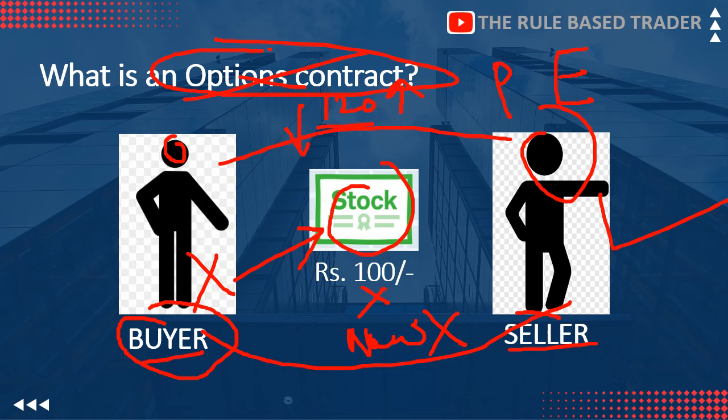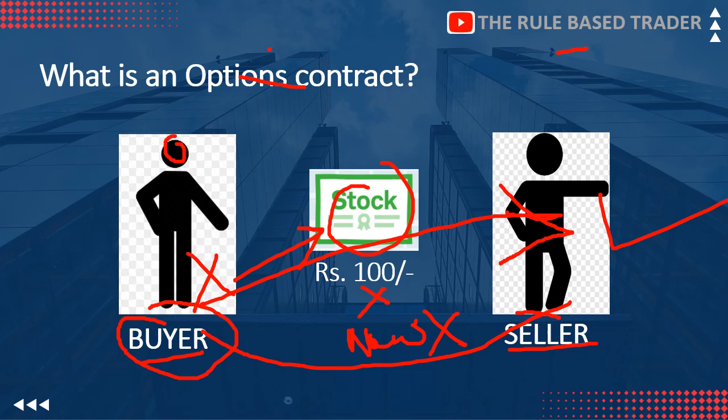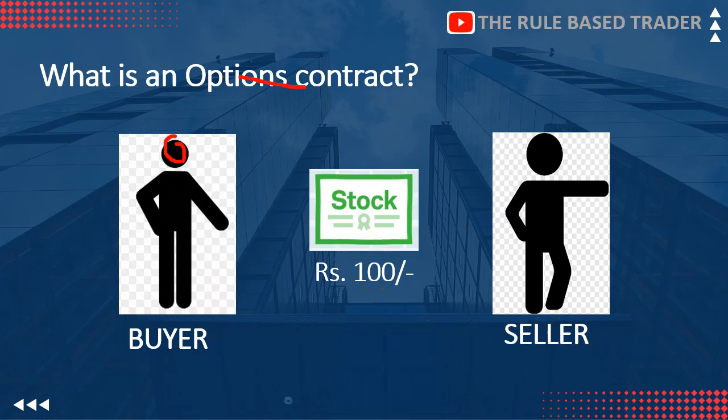For this options contract, the buyer pays, suppose say, 10 rupees premium to the seller. Let us now look at two scenarios which can arise from the options agreement between the buyer and the seller.